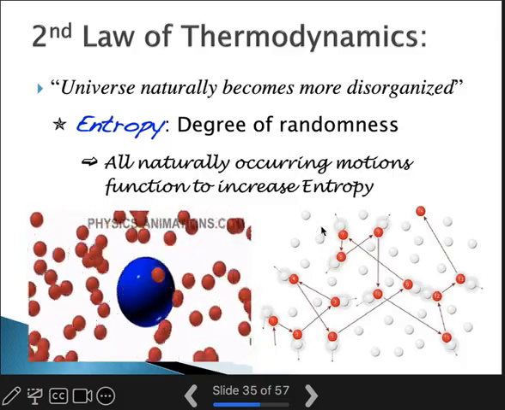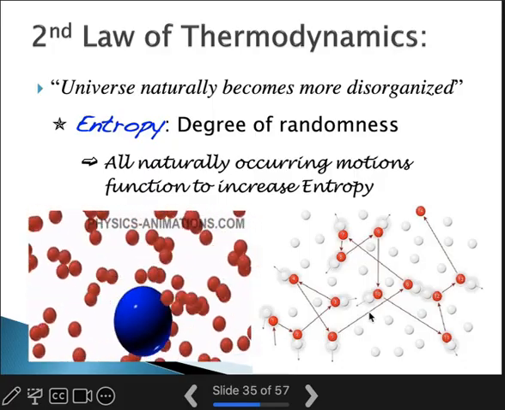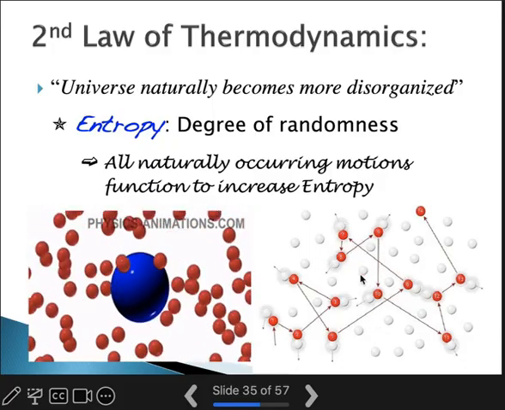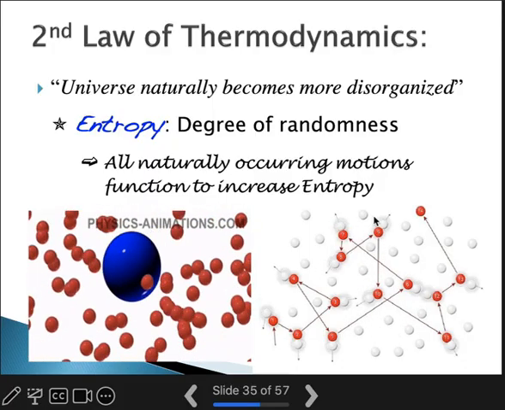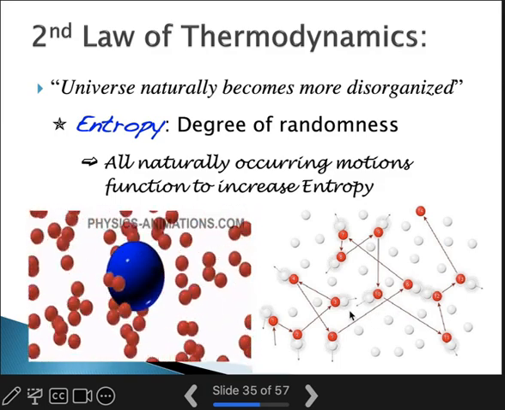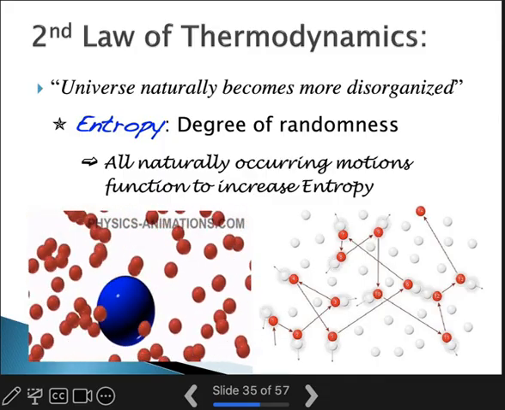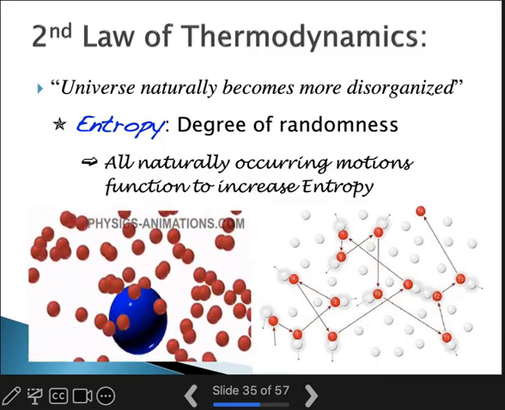If you were to look at just particles and then watch them over time, you're going to see that they're going to bombard each other, collide with each other, and over time become less organized. The degree of randomness or the degree of disorganization is referred to as entropy.